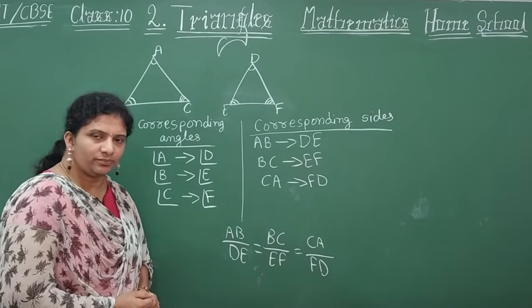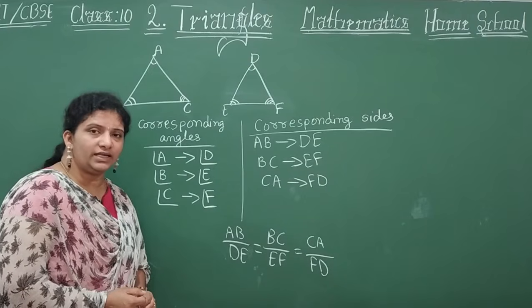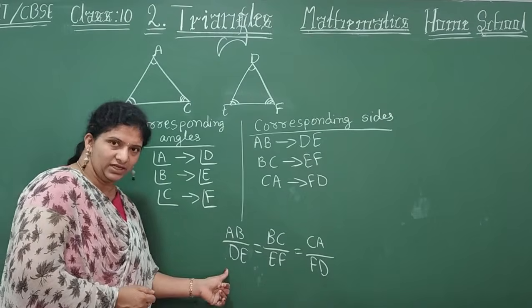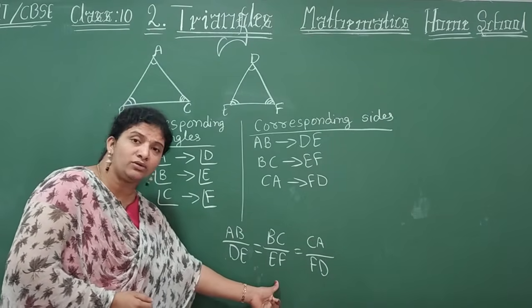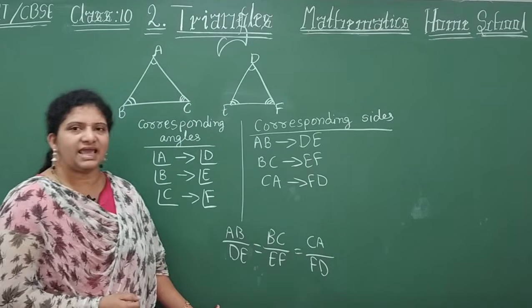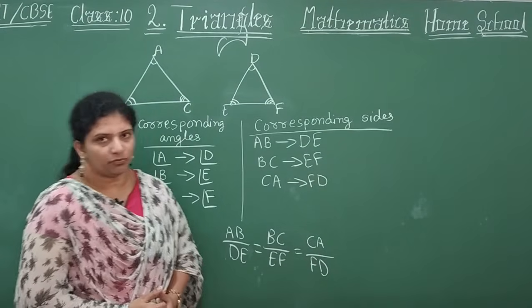Do you know the meaning of proportion, children? Ratios are in proportion. We have learnt in 9th. If you cancel these ratios, you will get the same answer as the next ratio. Means all the ratios will have the same answer. Then we say that these ratios are in proportion.